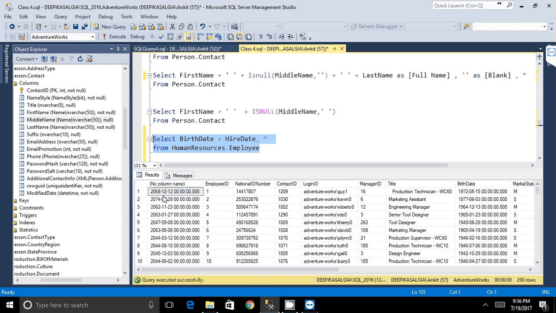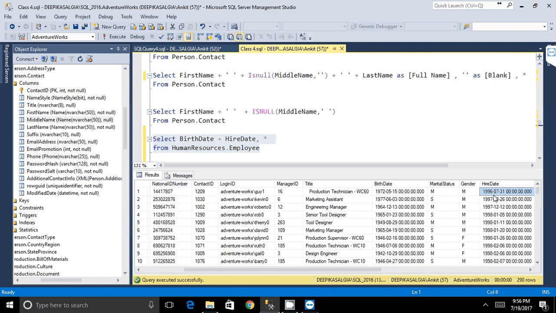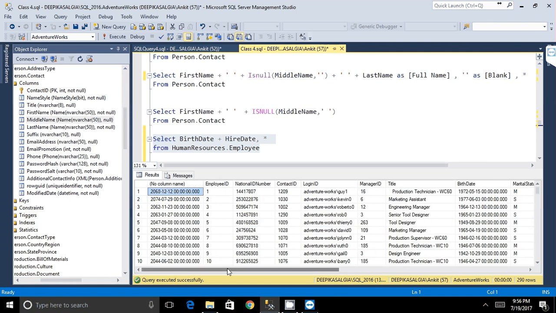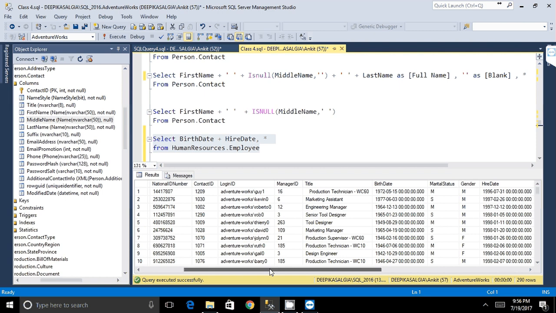See what happened. When you say the birth date, add the hire date, it basically put these two dates together and gave you the summation of these two dates, which doesn't make sense.